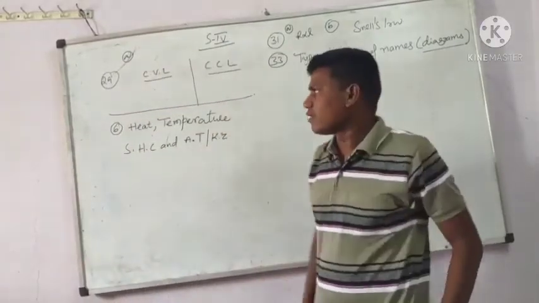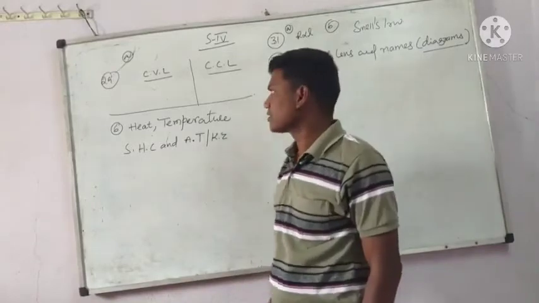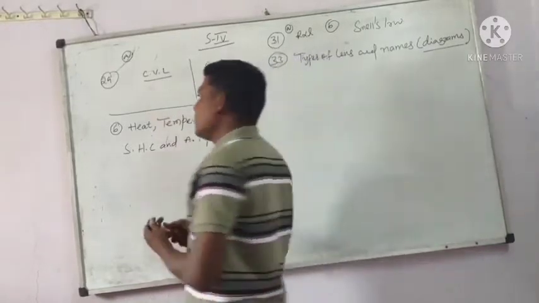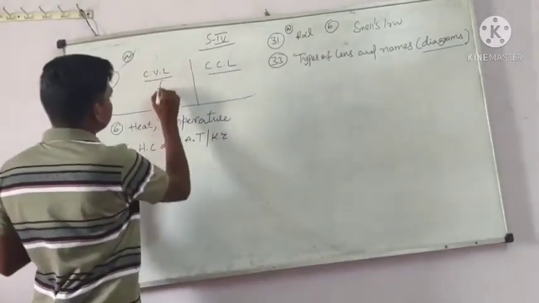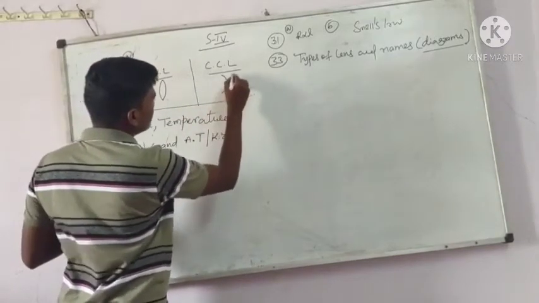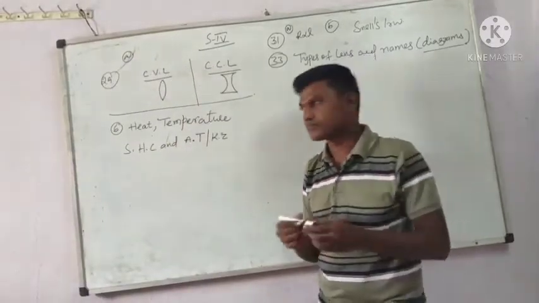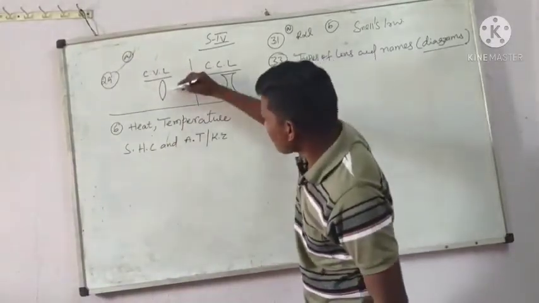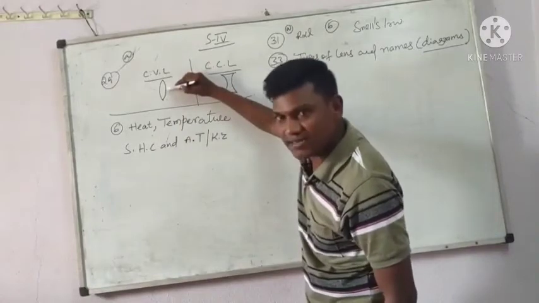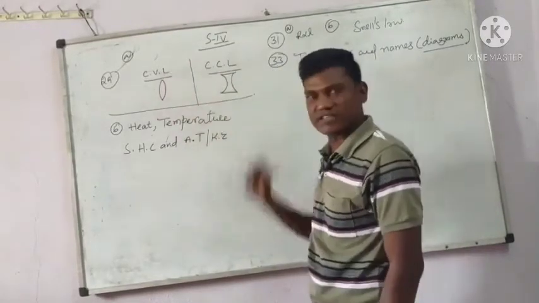We know very clearly what the differences between convex and concave lenses are. A lens which is thicker at the middle and thinner at the edges is a convex lens.